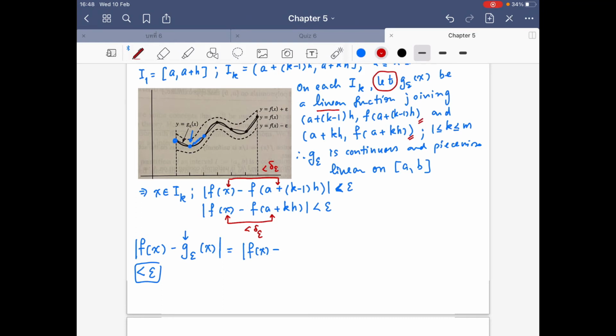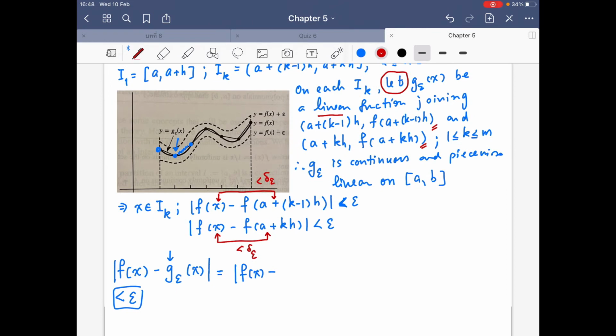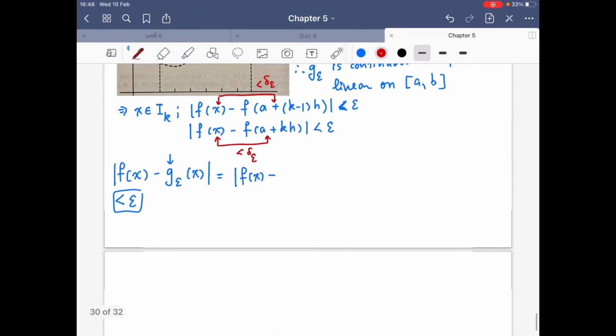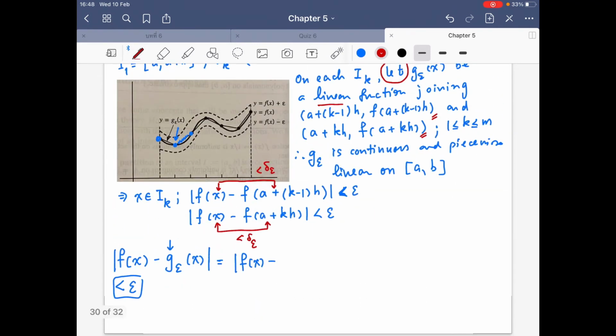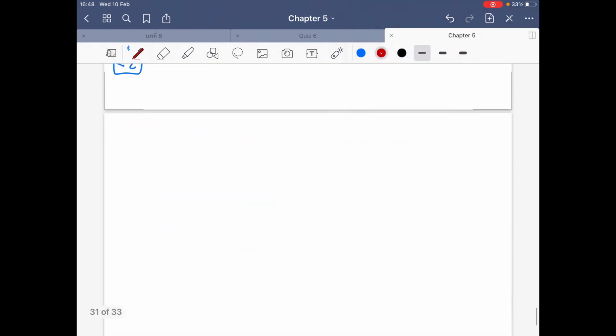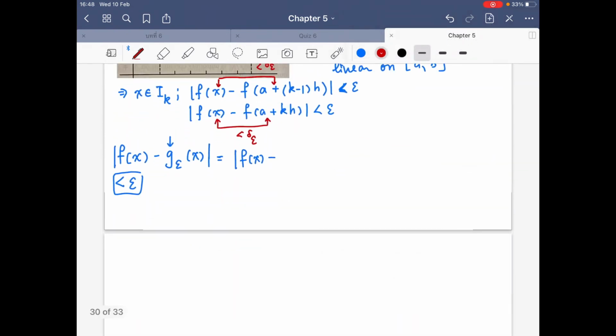So you may think of finding an equation of the line joining two points: you can use the slope and point form, or you can think of it this way. Let me give you one more page, since we are still having the problem with g epsilon.